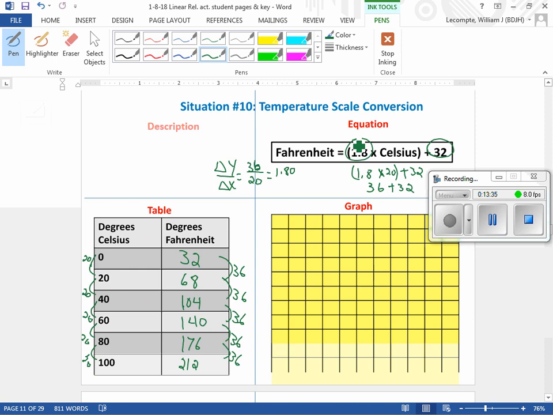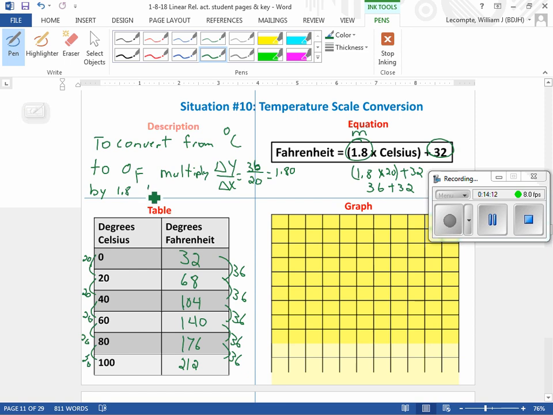Right, so in order to convert from degrees Celsius, sorry, not degrees Fahrenheit, but degrees Celsius to degrees Fahrenheit, we multiply by 1.8, then add 32.